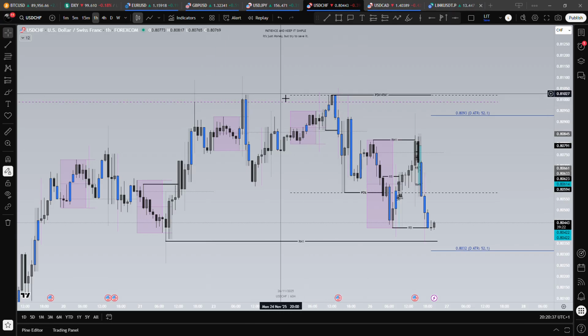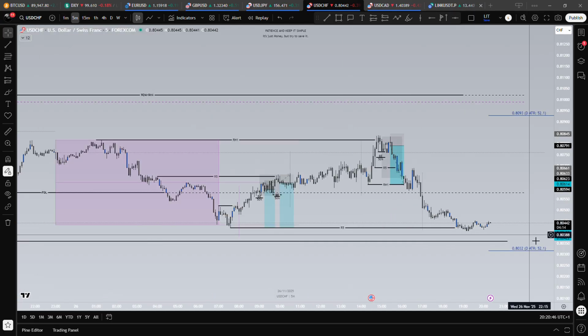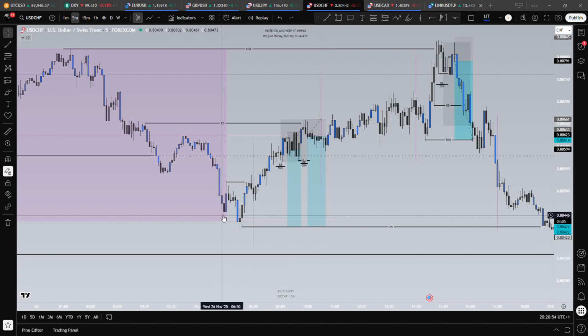So the trend is to the downside. We took the previous daily low, leaving round liquidity in H1 here and down here, and we have more liquidity to the upside. So this is a wick, but I'm not really sure about it. I think this is a clear one, so maybe they have to be clear wicks.